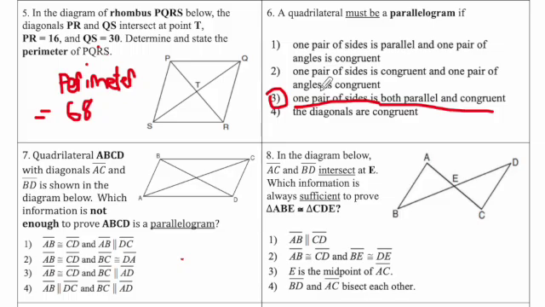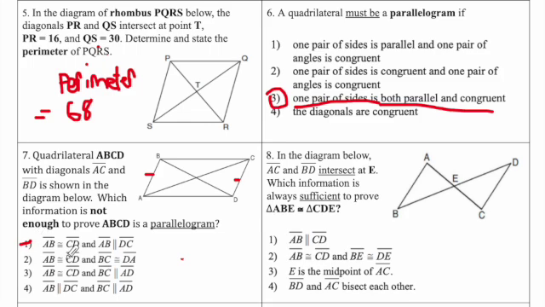Okay, so number 7, the quadrilateral ABCD with diagonals AC and BD is shown below. Which information is not enough to prove ABCD is a parallelogram? AB is congruent to CD and AB is parallel to DC. That can prove it, so it's not this one.